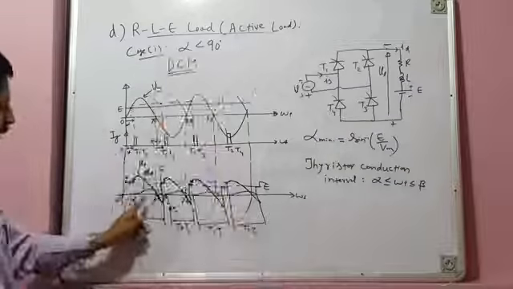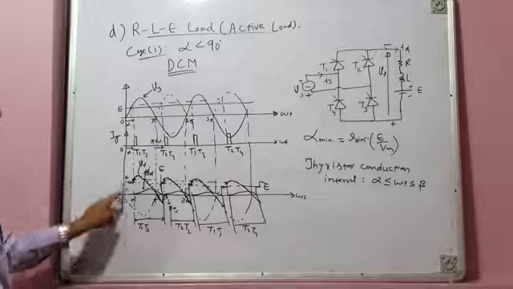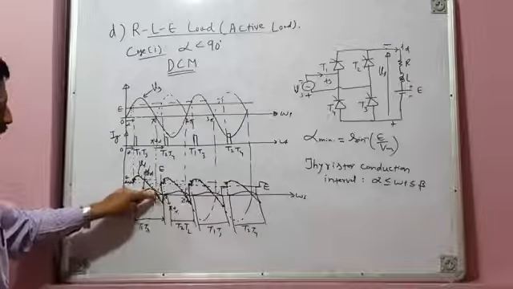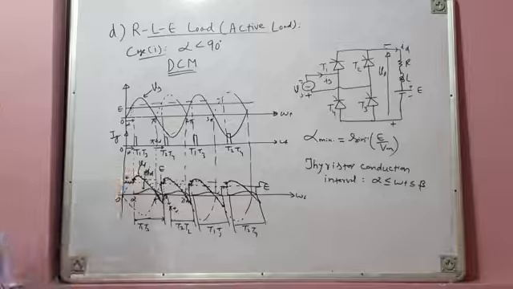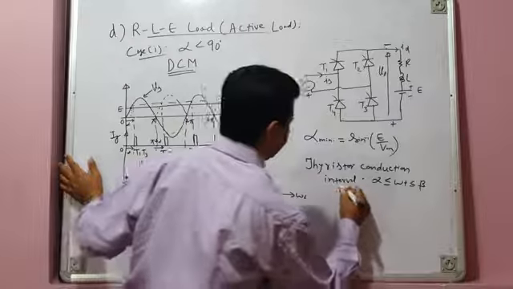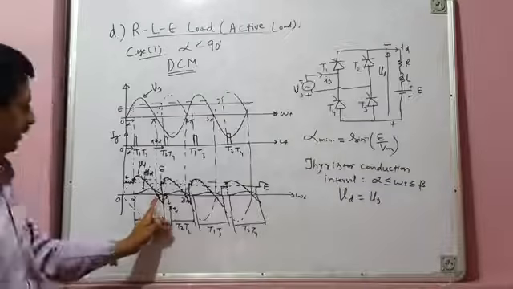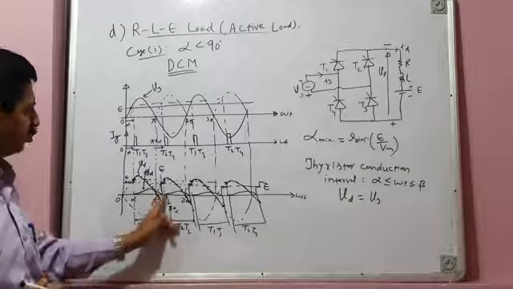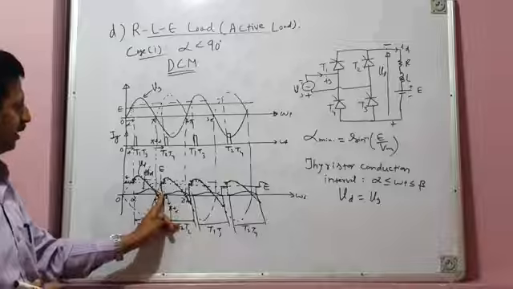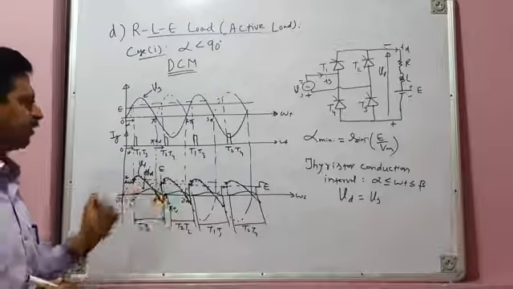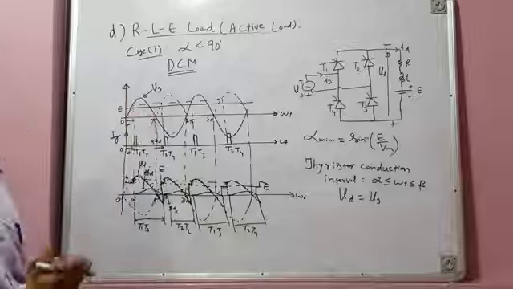You can see that's from alpha to beta. And during this period, your load voltage is same as source voltage, a large positive segment of source voltage and a small negative segment of source voltage. The next interval is from beta to pi plus alpha. During this interval, your current is already 0, load is disconnected from the source.